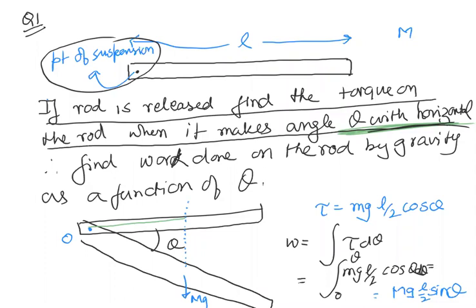So L by 2 sin theta is the vertical distance traveled by the center of mass.